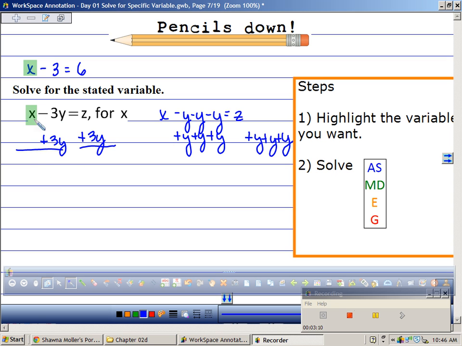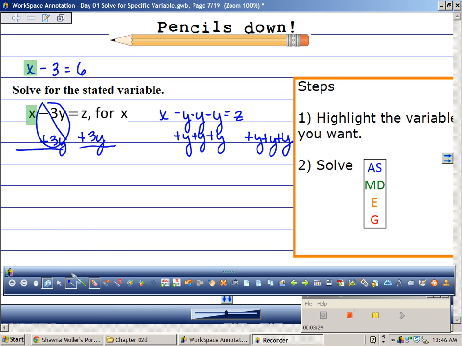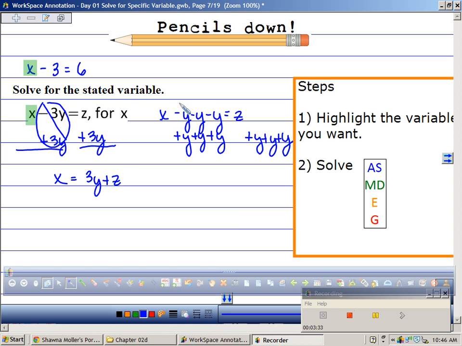Oh, yeah. So what am I left with, Levi? What's left on this side? No. On this side. What's left over here? X. What's left on this side? 3y plus z. What's left over here?